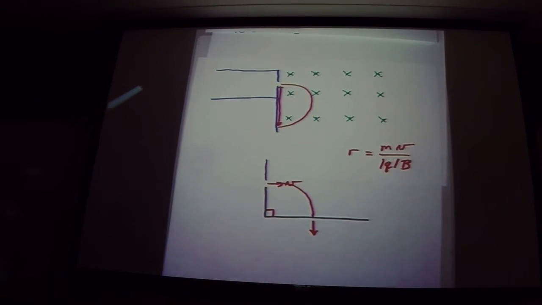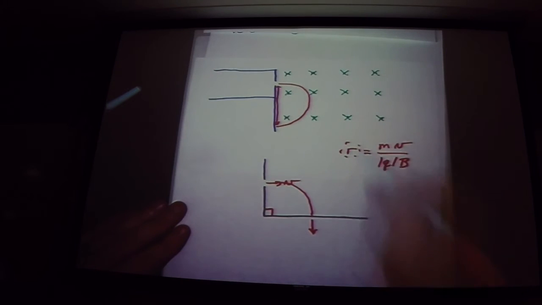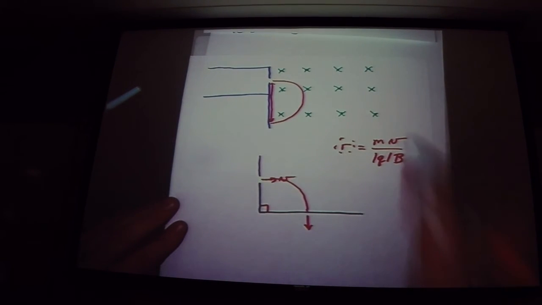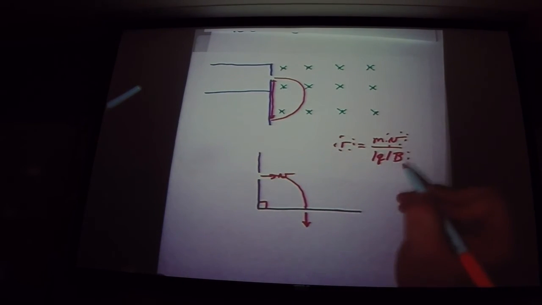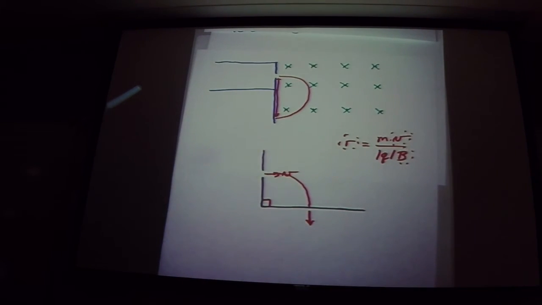When we get to this point, I not only could tell if I measure the radius, I measure the velocity. I know the velocity because I've selected it. I know what the magnetic field is because I've created it. Okay?